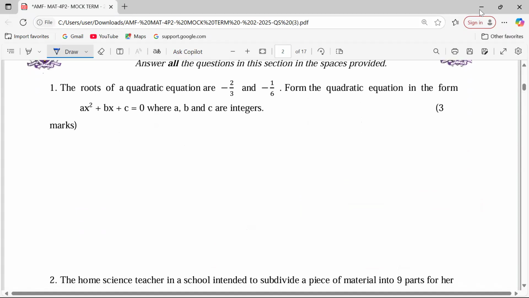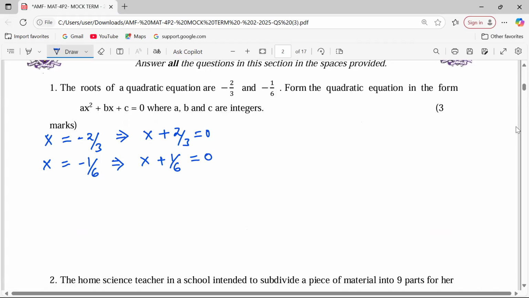We're going to use the factorization method. If x is equal to -2/3, this implies that x plus 2/3 is equal to 0. And from the other root, x is equal to -1/6, this implies that x plus 1/6 equals 0.